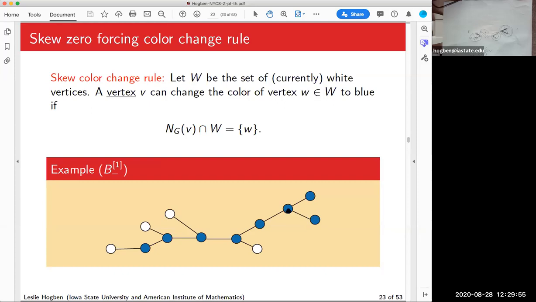But I think there's an error here, it looks like. I think you've caught an error. No, because, no, I didn't. You did. Oh no, you're right, because these force each other, they have only one. So this one can force the pendant one, because all of its other neighbors are blue. Okay. Any questions about that?